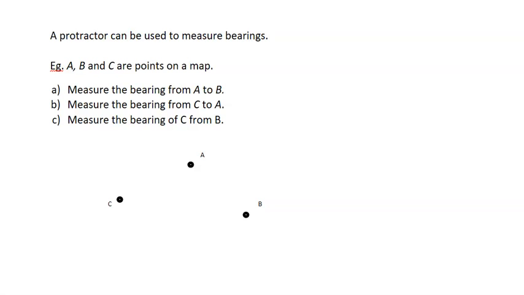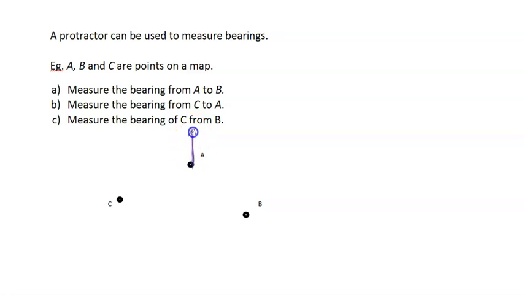You should be putting your protractor, and I will film another video to assist you with this, where you put your protractor on 0 in the middle to measure the bearing from A to B. We're going from A, which means A needs to be allocated north.